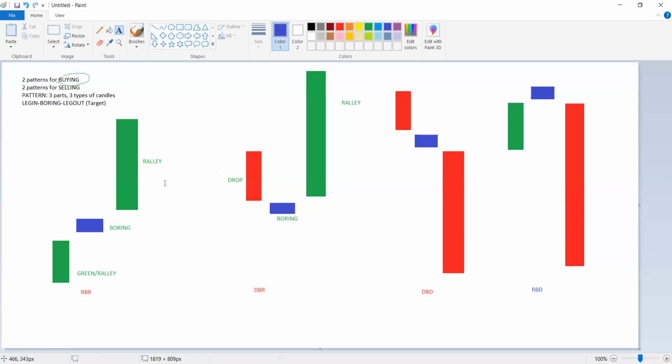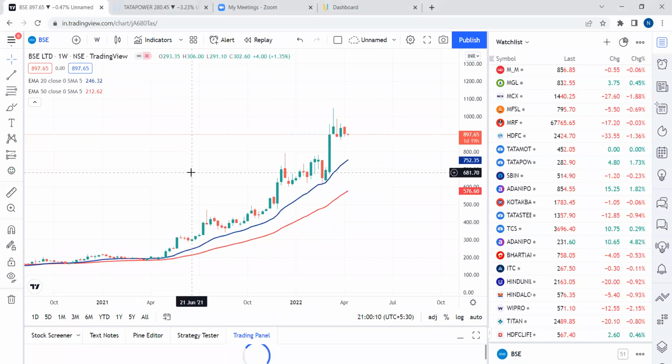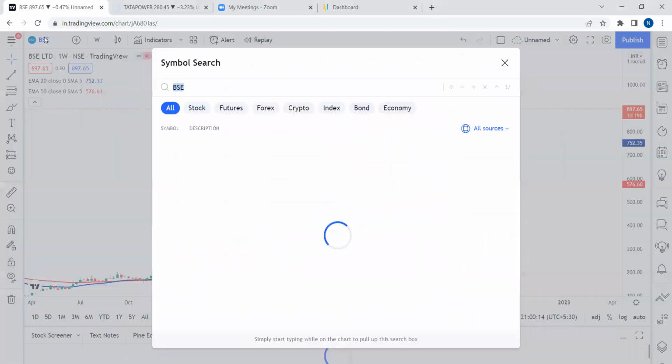Okay, so now we will go back to the chart and try to spot some of these after putting the boring candle. So let me stop sharing and share the chart. So first we will analyze the momentum, monthly higher time frame. Then we go for the lower time frame.